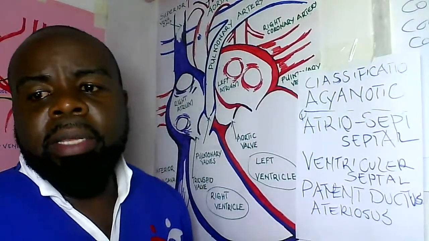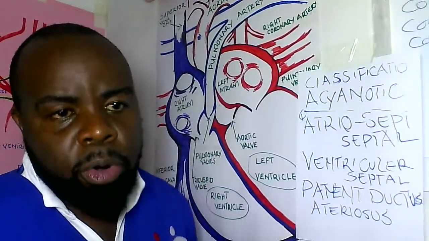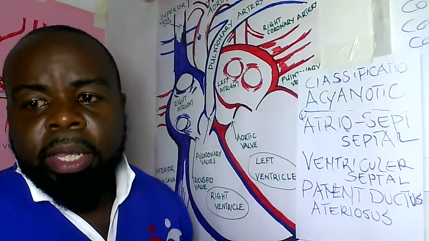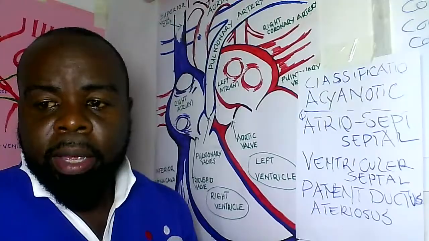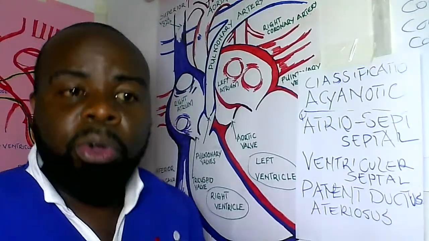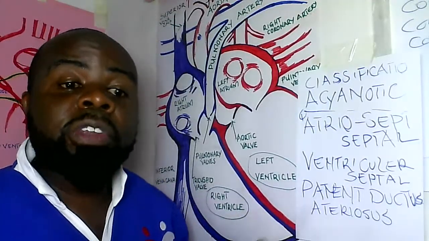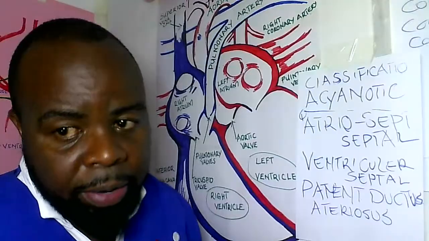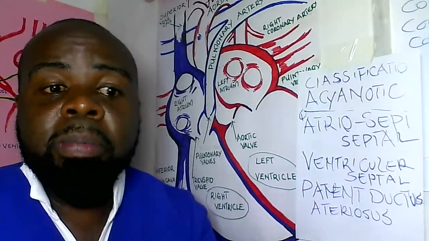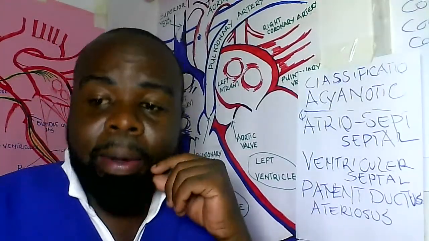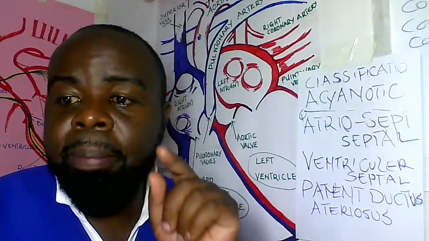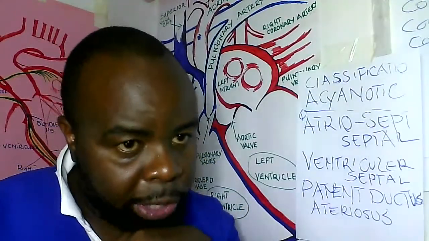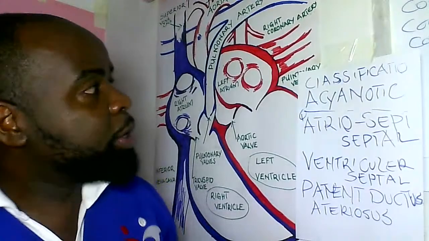But when a baby is born, it is called a congenital defect because the hole does not close. Normally, it closes within 24 to 48 hours after birth. You get it? A normal fetal blood vessel connects the pulmonary artery to the aorta.